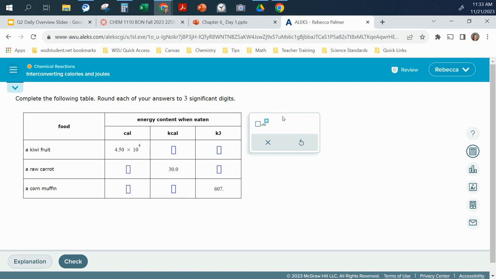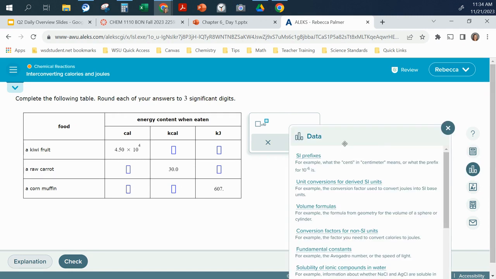Alright, a kiwi fruit has this many calories. I already used these numbers up here. Let's make sure that we know where to find this number if we need it. If we forgot it and didn't write it on our note card, you can go to the data.